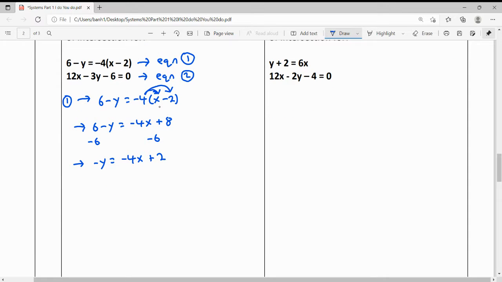Since I have a negative y, not a y, I'm going to turn that into a positive y by dividing everything by negative 1. Negative y is pretty much a negative 1 coefficient in front, right? So negative 1 divided by negative 1, the negatives cancel out, and 1 divided by 1 is just 1. So I'm left with y. And then negative 4 divided by negative 1 x, plus 2 divided by negative 1.